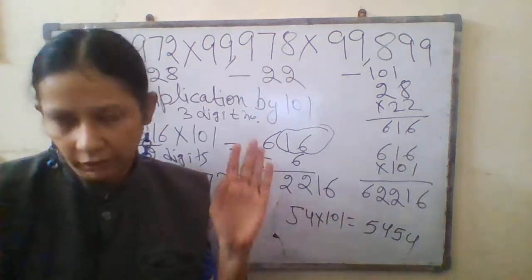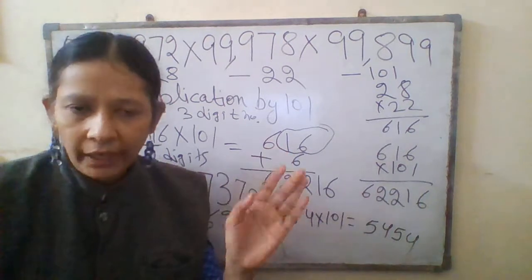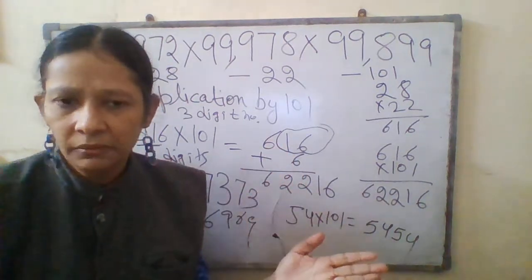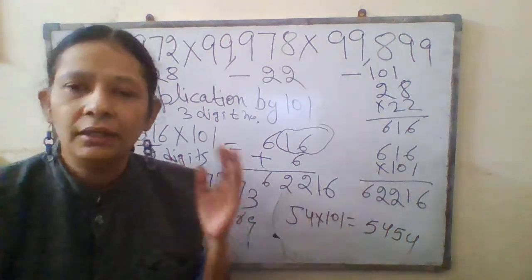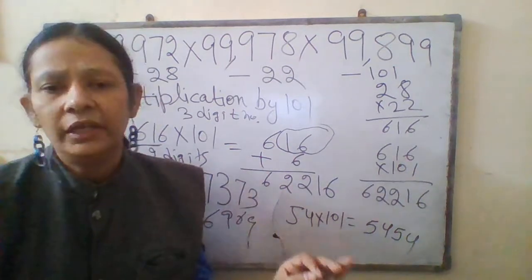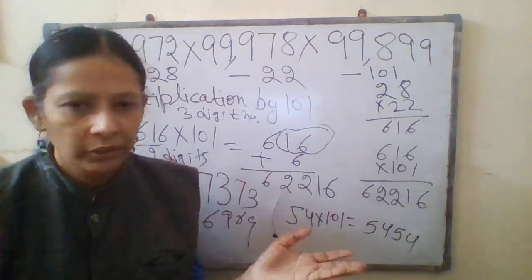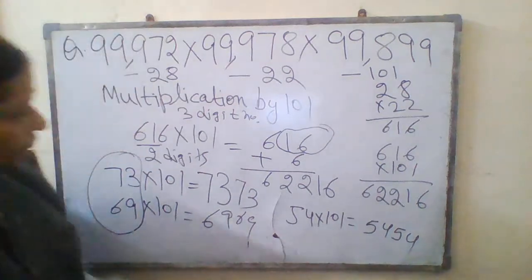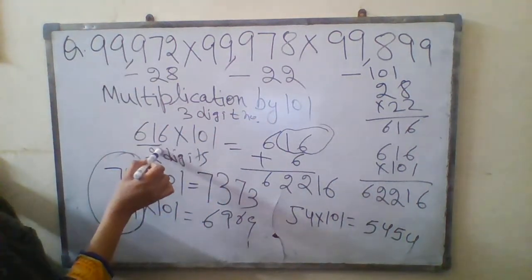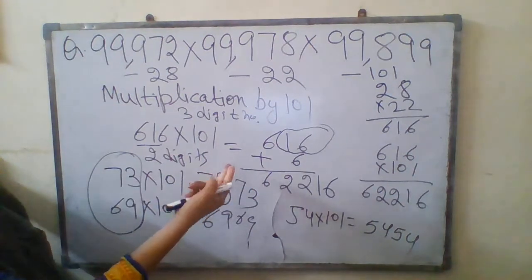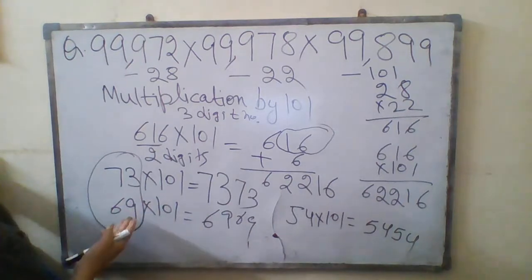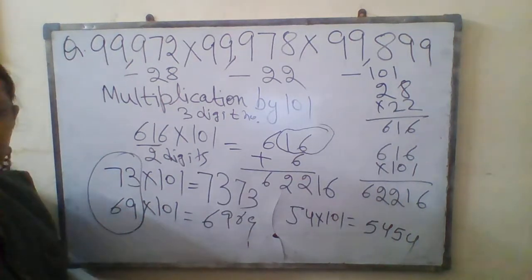And don't feel afraid of this. Why? Because if you have planned to give some competitive exams, to crack it, you should know a lot of tricks. There are so many tricks and so many questions that you definitely have to learn. So why not today? You see, I have told you multiplication of 101 by 3-digit numbers. Like this, you can try as many 3-digit numbers. Okay. Like this, you can try as many 2-digit numbers.